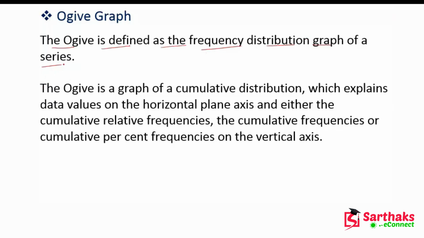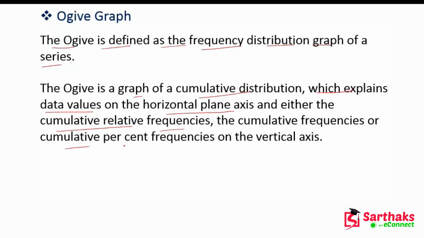The ogive is a graph of cumulative distribution which explains the data values on the horizontal axis and either the cumulative frequencies or cumulative percent frequencies on the vertical axis.